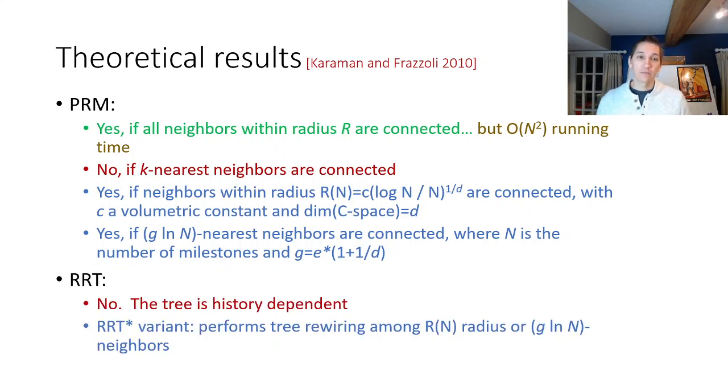For RRT, the answer is, well, no, for normal RRT, because the tree is actually history dependent, and it also doesn't get any better as we go on. On the other hand, if we were to do what's known as a rewiring step, if we use this RRT star algorithm, then we can actually retain asymptotic optimality.